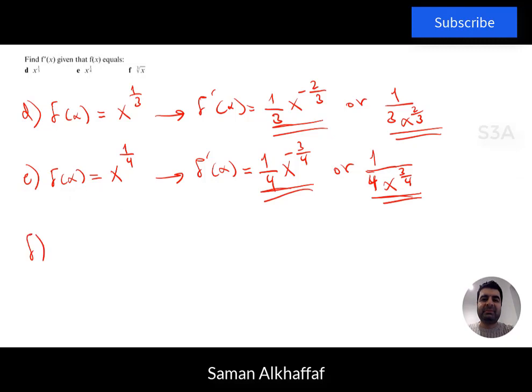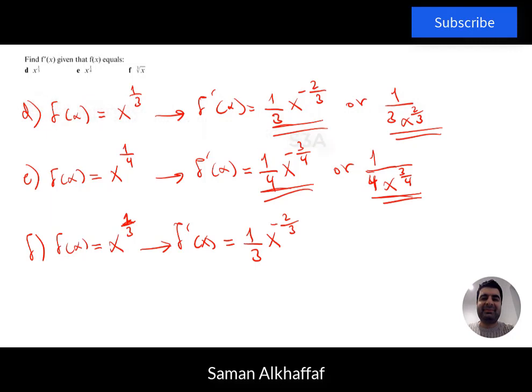For part F, we have the function being the cubic root of x. So you can write this as x to the power 1 over 3. It's better to represent it as fractions. Now to find the derivative, we would have a third x to the power of a third, take away 1, that would give us minus 2 over 3.